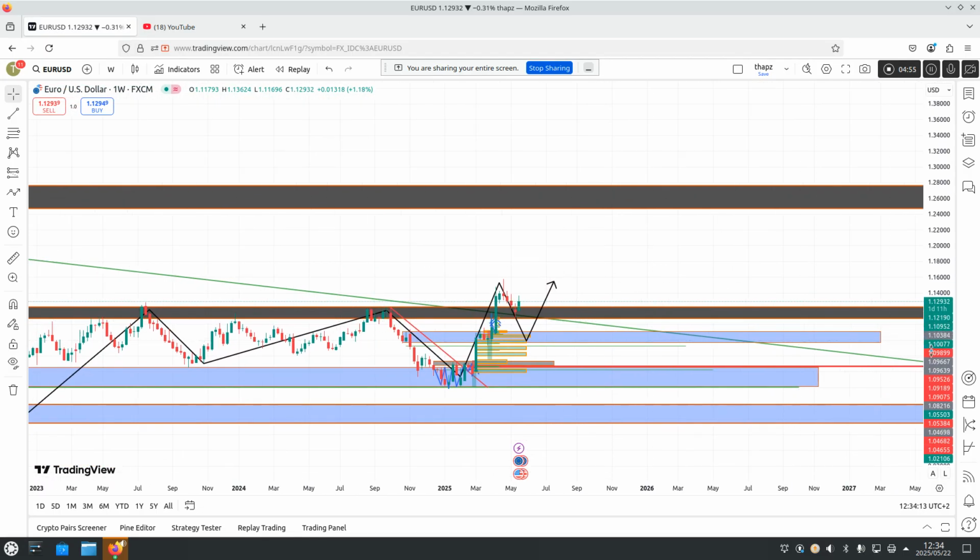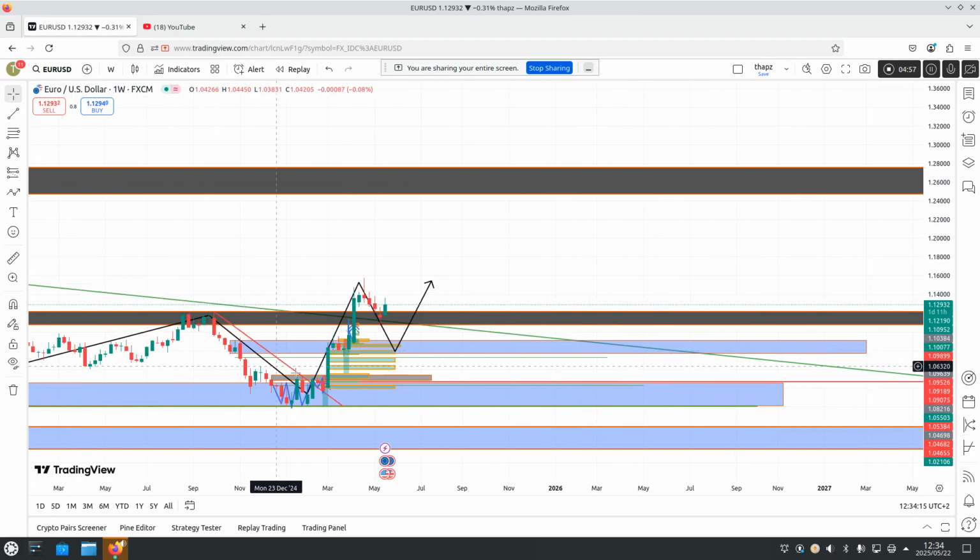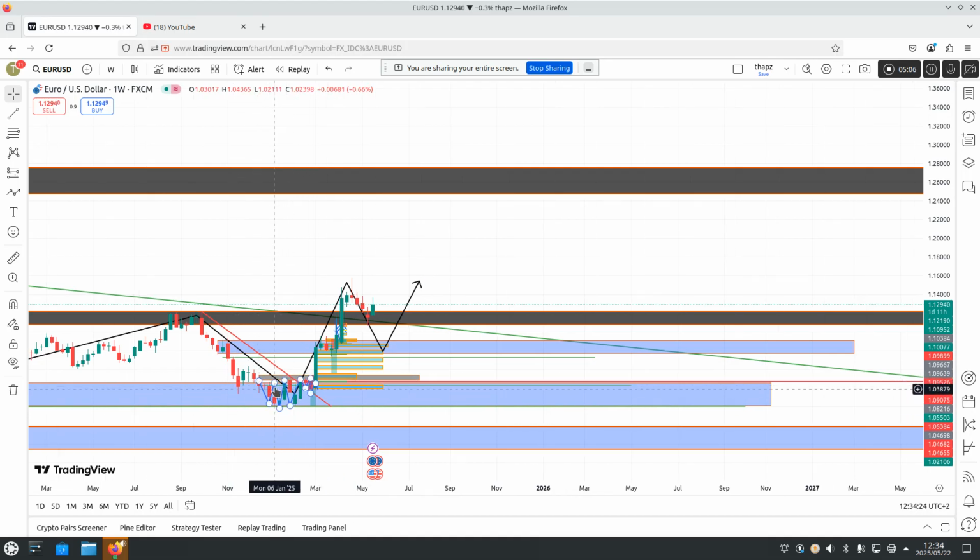As you can check here, we are using the formula of imbalances. There was deep consolidation here, meaning the market wasn't having a clear direction, where the price would either go up or go down.